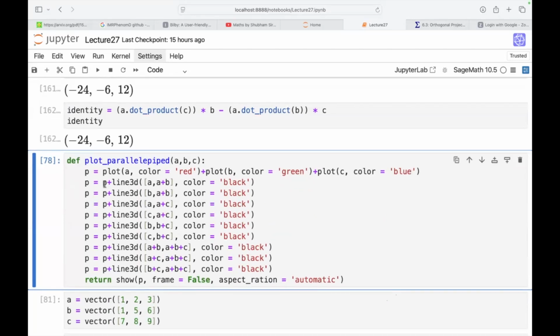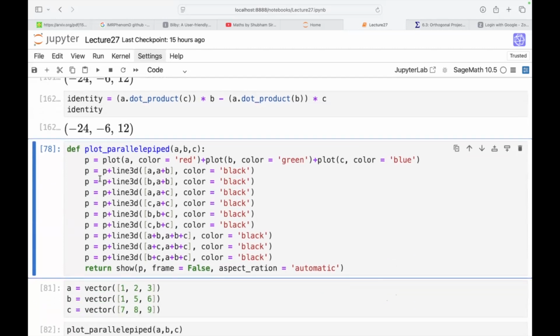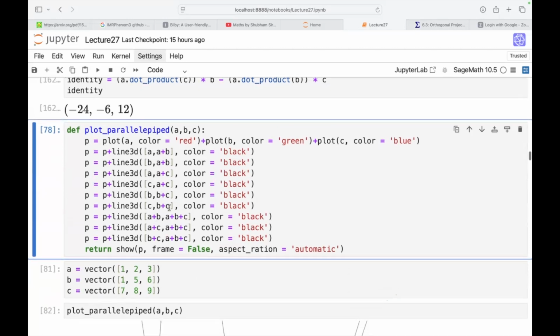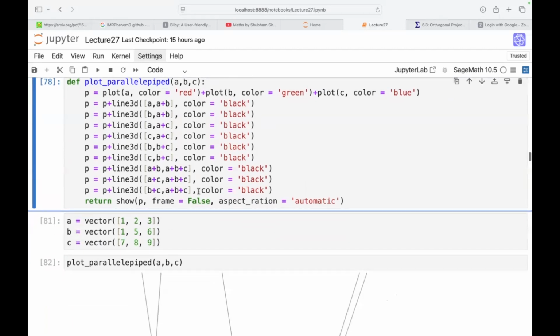The projection is the P which you have already defined. For the parallelepiped part, we add Line3D from A to A plus B, B to A plus B, A to A plus C, C to A plus C, B to B plus C, C to B plus C, and also A plus B to A plus B plus C, A plus C to A plus B plus C, and B plus C to A plus B plus C.